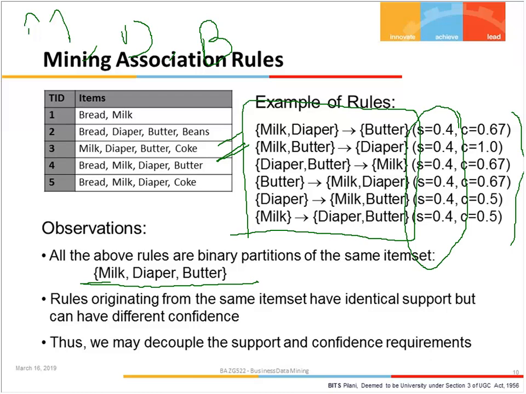In this case, the confidence is 1 because milk and butter occur only twice together in the whole database. So when you calculate the confidence, the numerator and denominator are both 2 out of 5, so it comes out as 1, or 100%. Among these rules, the maximum confidence is with the rule milk and butter imply diaper.